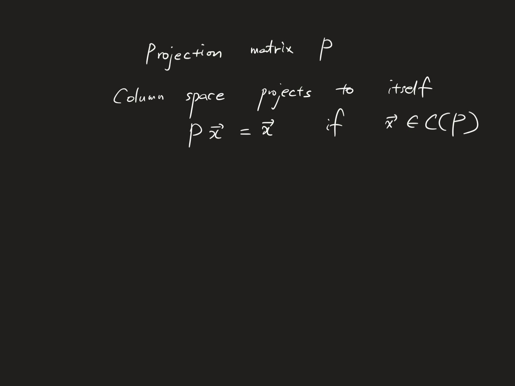Now we will consider projection matrix P. And for a projection matrix, the column space projects to itself.